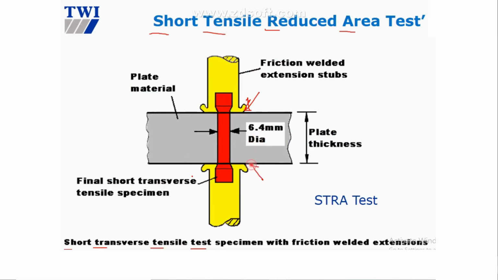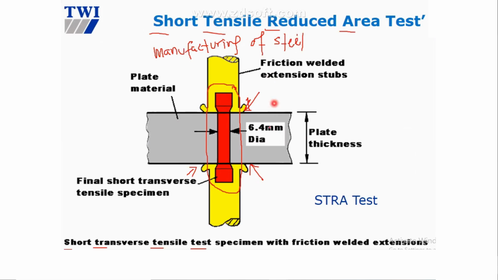Then after that, they cut the specimen and then they pull it, doing the tensile. This is from the manufacturer, not from our fabricator. This is manufacturing of steel plate or pipe, not from our side. Fabricator, we don't do this.